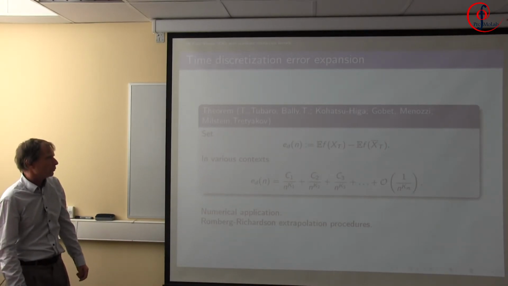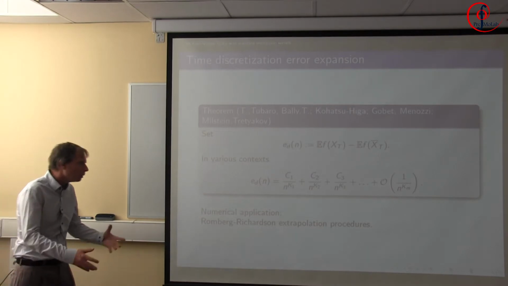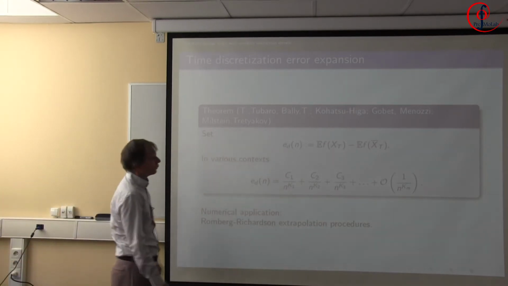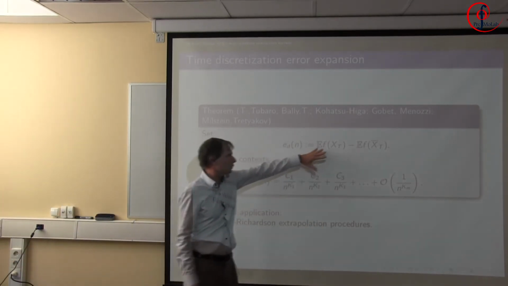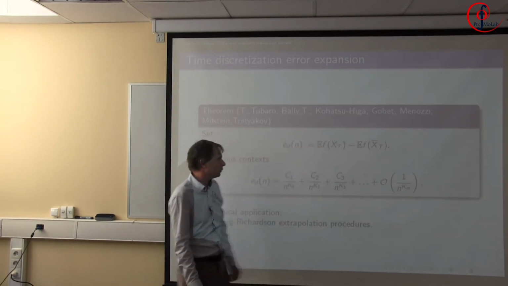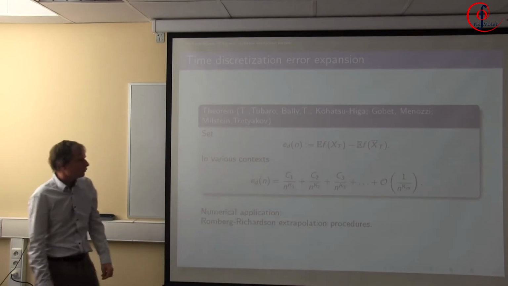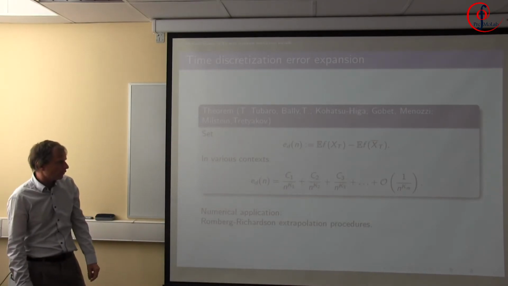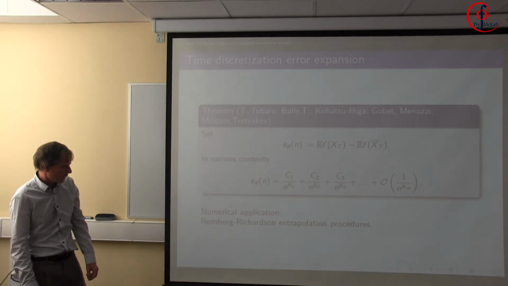Either the coefficients are smooth, or the coefficients and f are smooth, or if f is only measurable, for example, you need to suppose that capital X is hypoelliptic, which allows you to develop Malliavin calculus techniques.